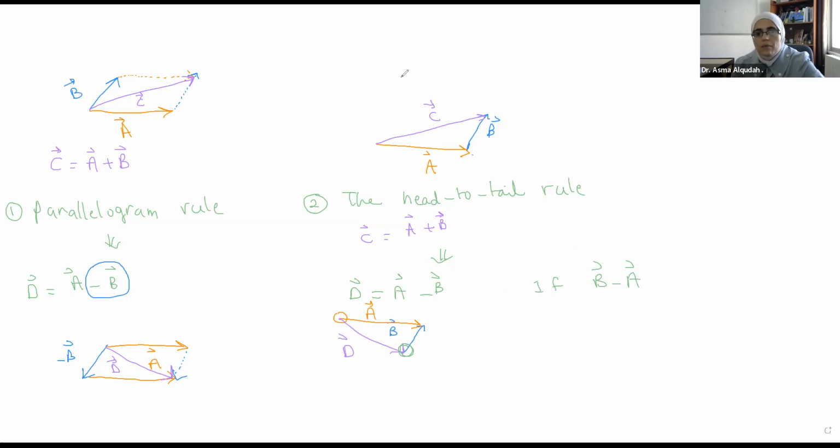Again, this is A, and this is B. For B minus A, we start at the head of B and finish at the head of A. This is B minus A. This is how we do the vector addition and subtraction using the graphing method. Okay, let's get back to the notes.